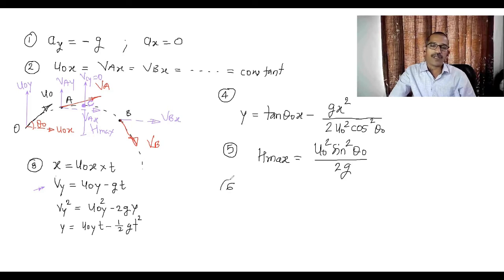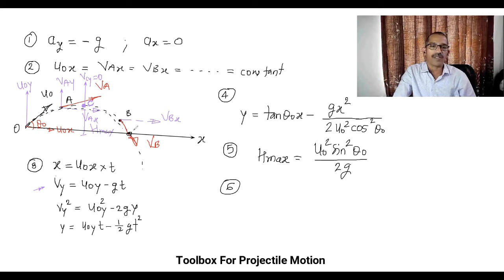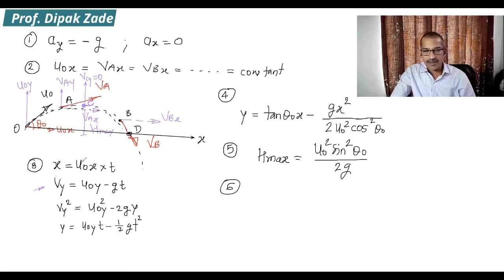Next important, considering motion from point O, this is our x-axis. Normally we consider the standard case where motion starts from the ground and ends on the ground somewhere here, say point D. Here O and D both lie on the same horizontal line. Total time of travel is called the time of flight.